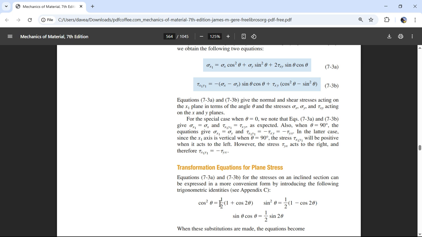And I'm sorry, I didn't factor through the half. This is going to be 1/2 cosine 2 theta minus a minus 1/2 cosine 2 theta. So we're basically adding a 1/2 of cosine 2 theta to a 1/2 of cosine 2 theta, which becomes cosine 2 theta. So this part becomes cosine 2 theta. That's how they do that.